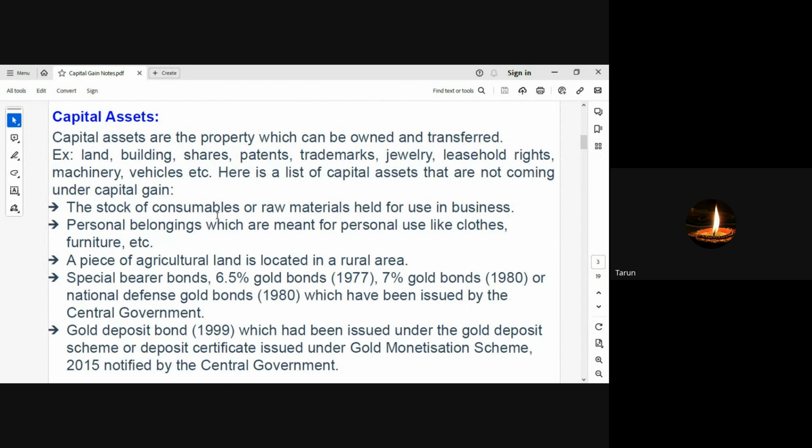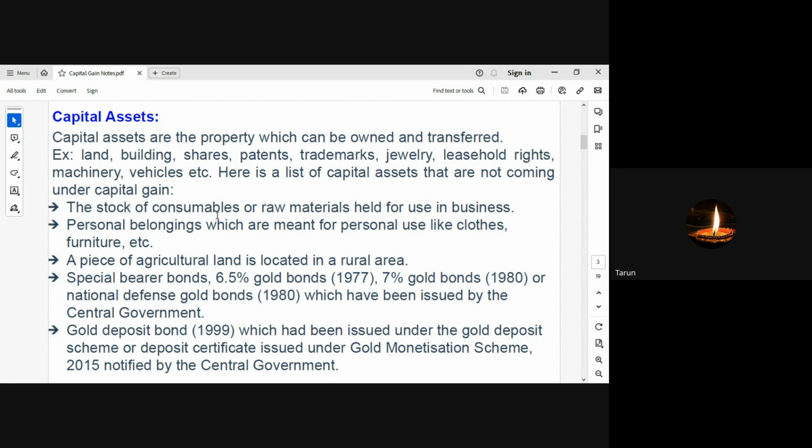Capital assets are those properties which can be owned or transferred, for example land, building, shares, patents, trademarks, jewelry, leasehold rights, machinery, vehicles, etc. There is also a list of assets that do not come under capital gain, and these are five cases: stock of consumable or raw materials used in business, personal belongings of personal use like clothes and furniture, a piece of agricultural land located in rural areas, and special bearer bonds like gold bonds, the 7% interest gold bonds of 1977 and the 1980s.